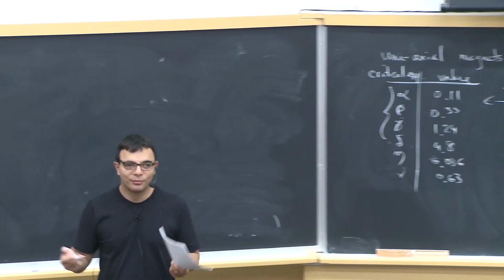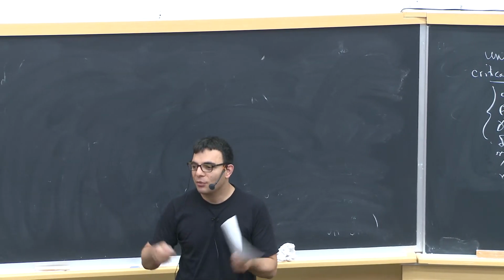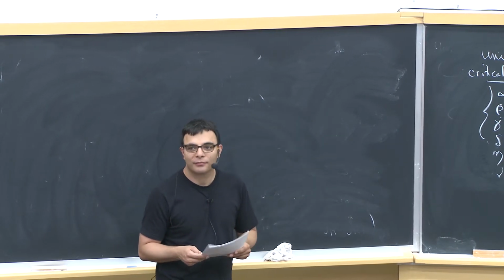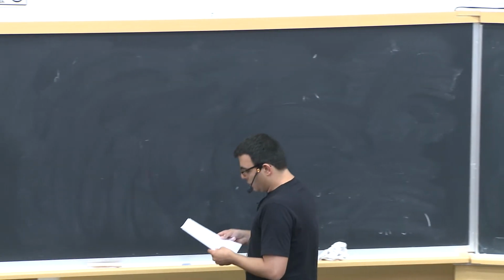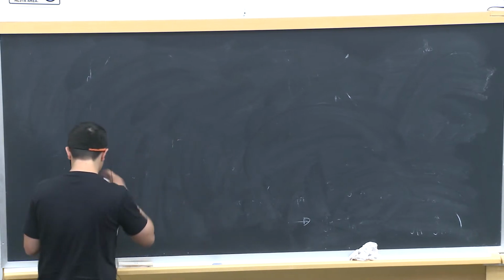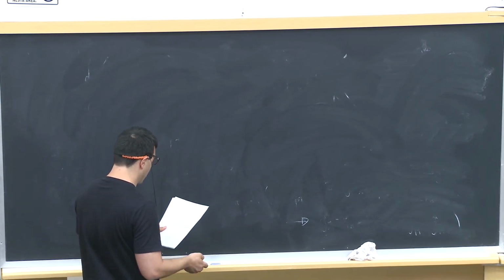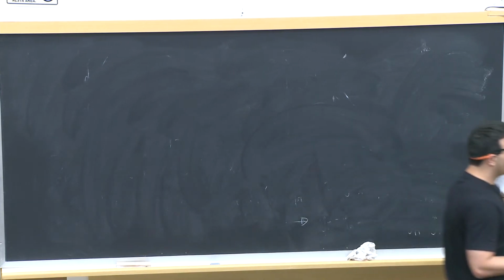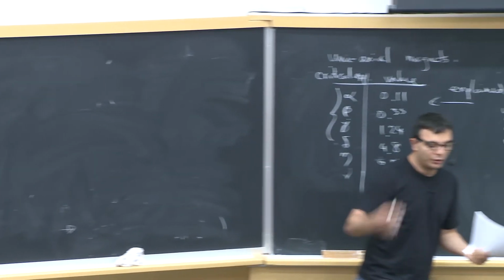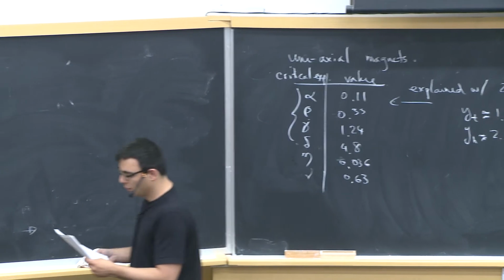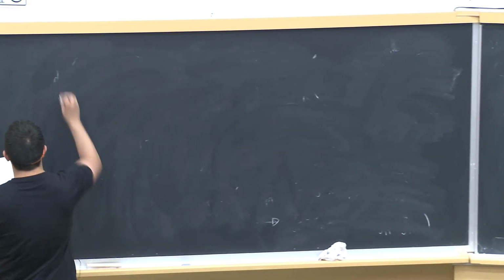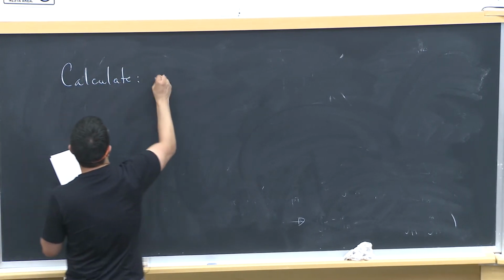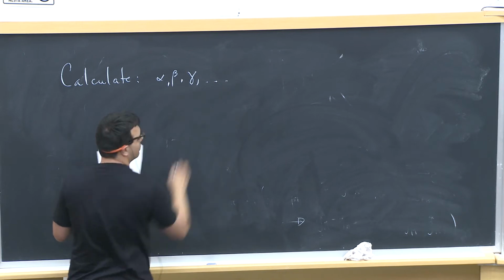But why is that so? Why can't we just do some classical physics computation and get these numbers? That will be the first method of calculation, just so that it becomes clear what corresponds to thermal fluctuations and what corresponds to classical physics. Okay, so the topic is to calculate the critical exponents, alpha, beta, gamma, and so on.